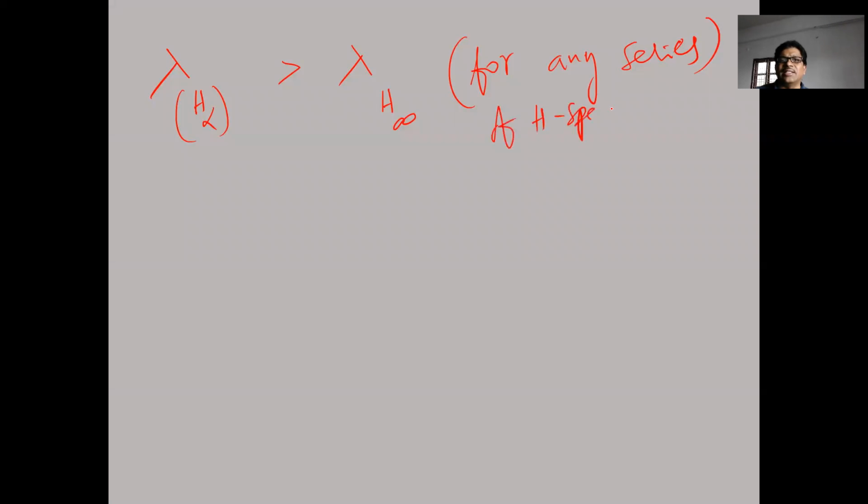It is longest, so it is greater than the wavelength of the H infinity line, for any series of the hydrogen spectrum. What are the series here? Lyman, Balmer, Paschen, Brackett, Pfund, and Humphreys series. For the hydrogen spectrum, we have to recall these. So now we have understood the wavelengths here.